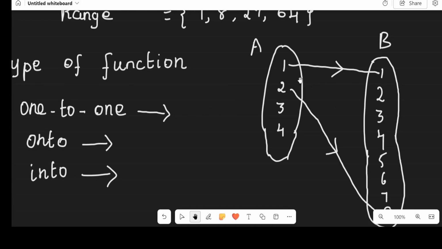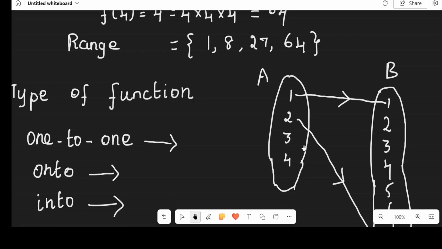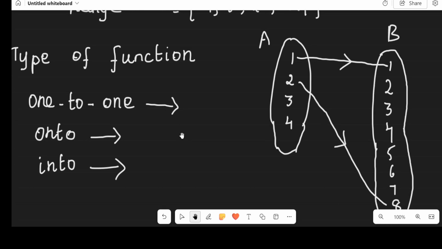For 3 also, we should map it with 27, right? So in A, all the elements are mapping with another element, right? So this function is a one-to-one function. And onto function means all the elements in the second set should be mapped, right?